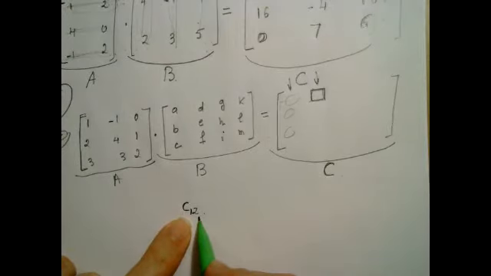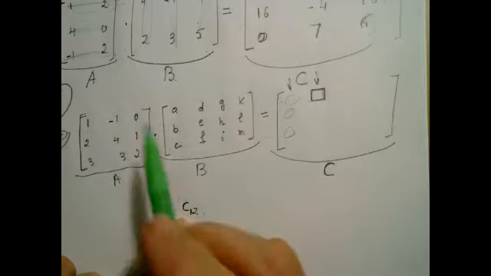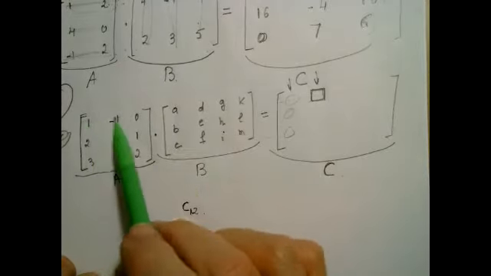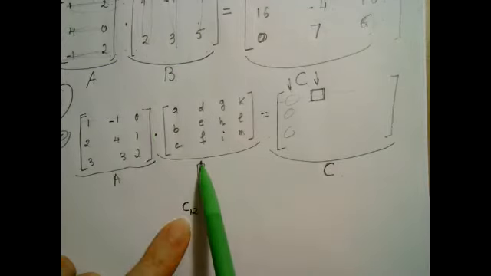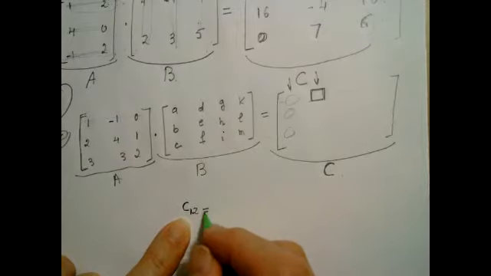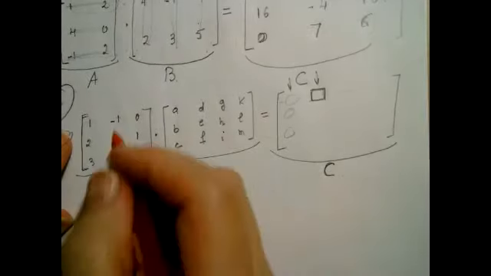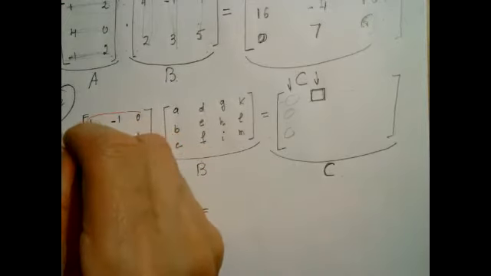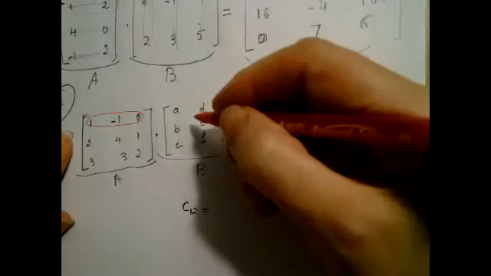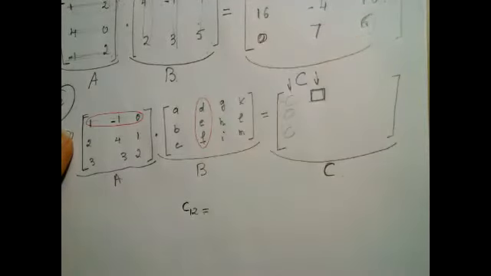Try to remember, how do we multiply? Row, column, row, column. So what should go here? What should I multiply to get that? The first row of A. The second column of B. Second column of B. Exactly. That's how I'm going to get it.